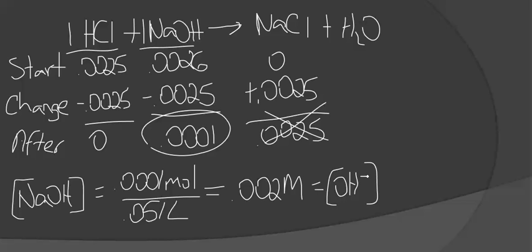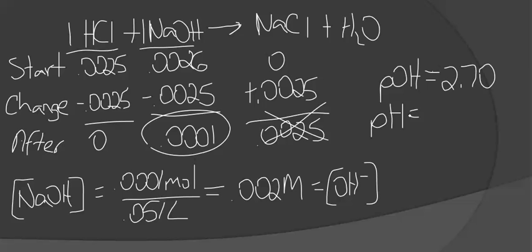So I can find the pOH by taking the negative log of 0.002. So the pOH comes out to a value of 2.7. And then the pH, 14 minus 2.7, pH is 11.3.